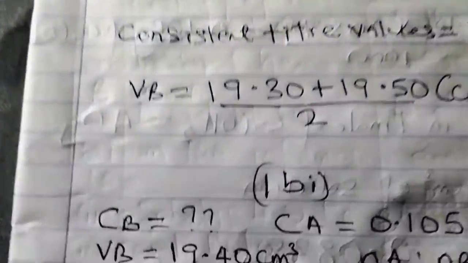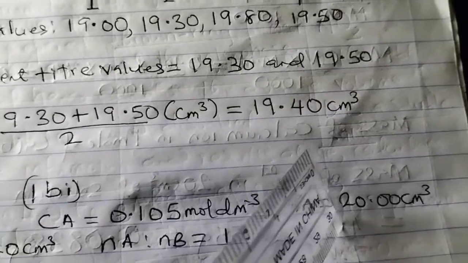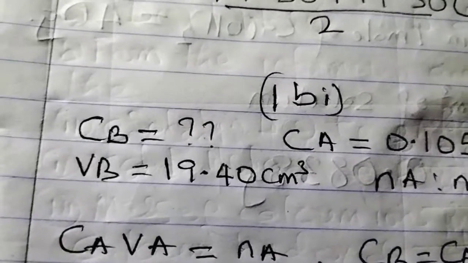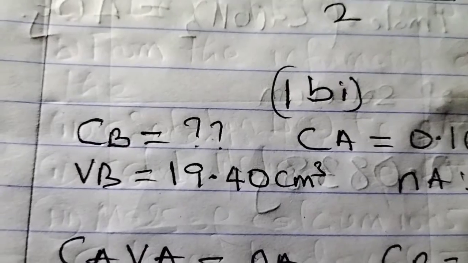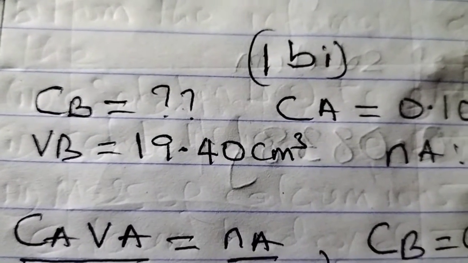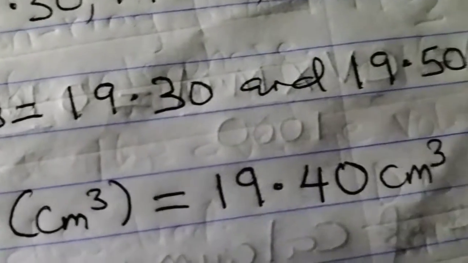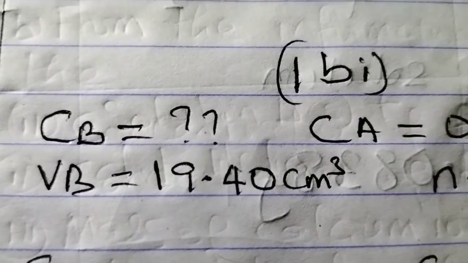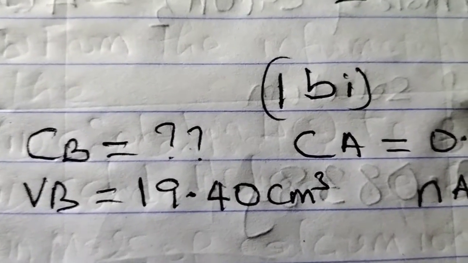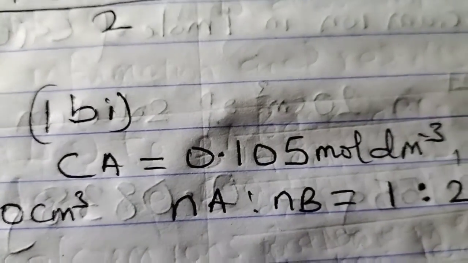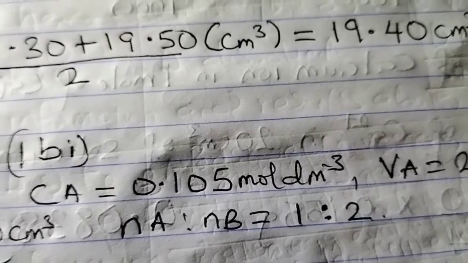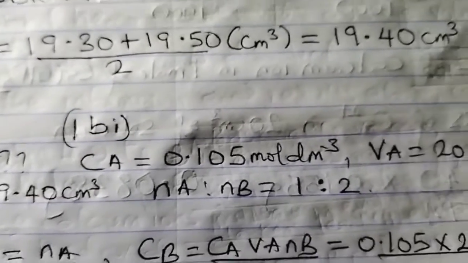So our CA is there. Then VA is 20. Our VB is the average theta value that we got from the previous question, which is 19.40. So that is our VB. Then our NA and NB, going to the balanced equation.